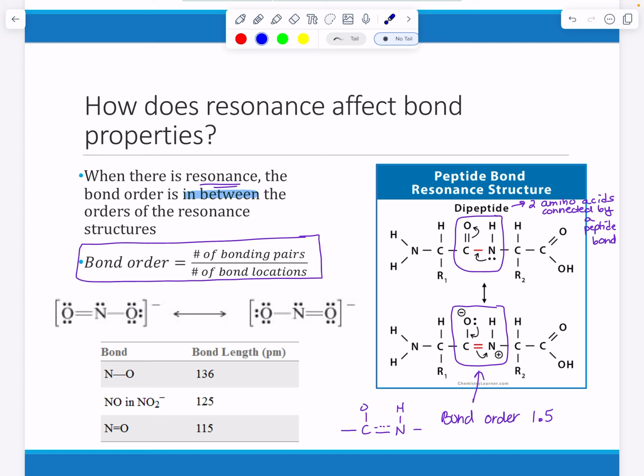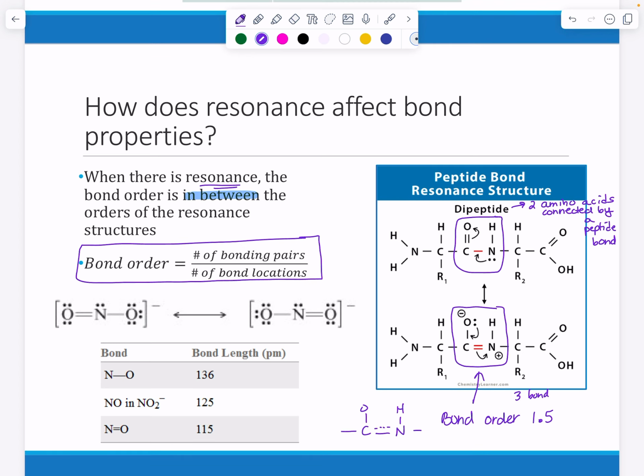To figure out the bond order for things with resonance, we'd have 3 bonding pairs, because 1, 2, and 3, and then we'd have 2 different locations. So in this case, that's how I get the 1.5. We've got 3 bond pairs divided by 2 possible locations.